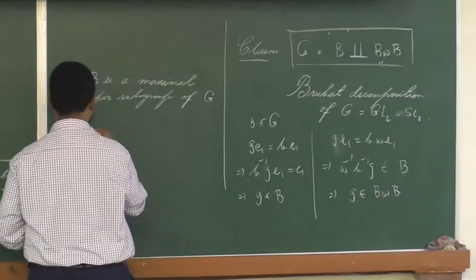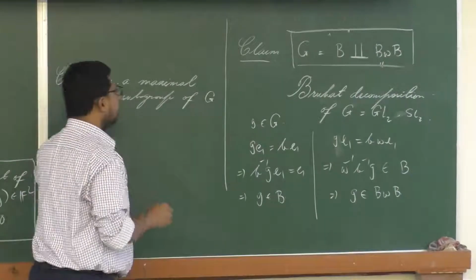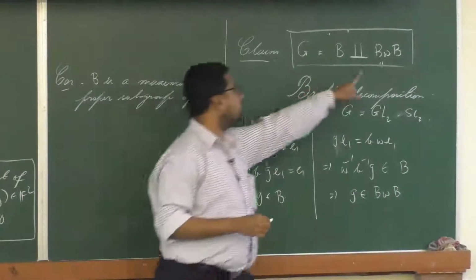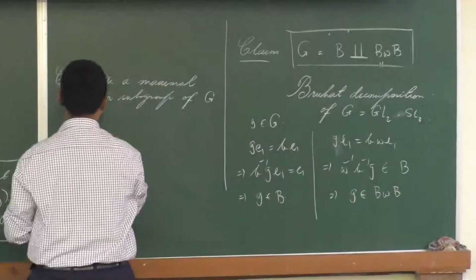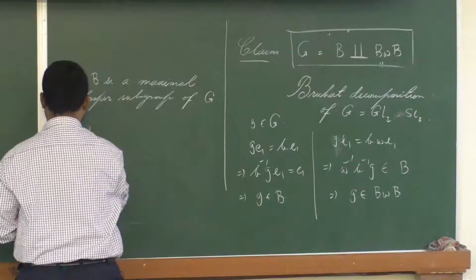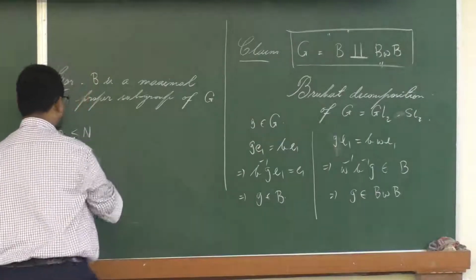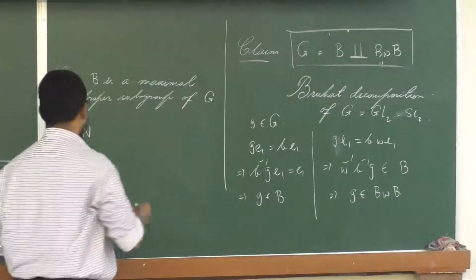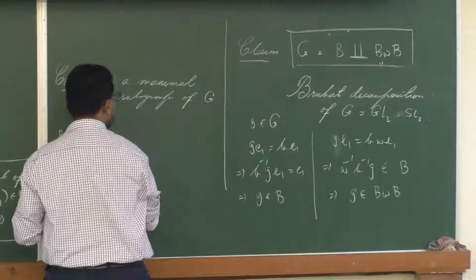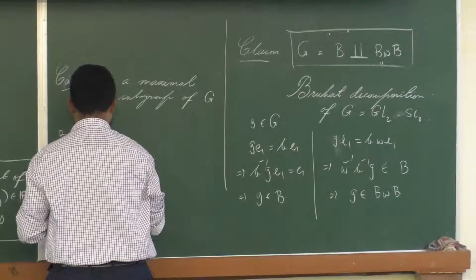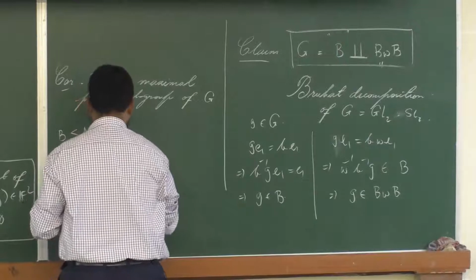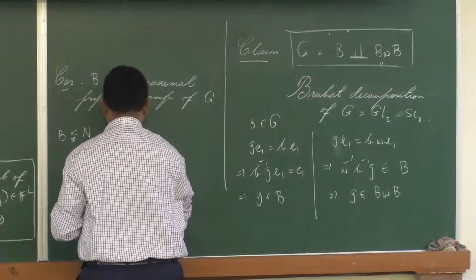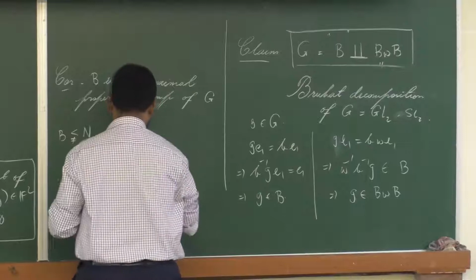That's quite clear: if an element does not belong to B, then it must belong to this. So the proof will go in this way: if there is a subgroup N containing B strictly, then N must contain an element of this form, some B1 W B2, it must contain an element of this form.